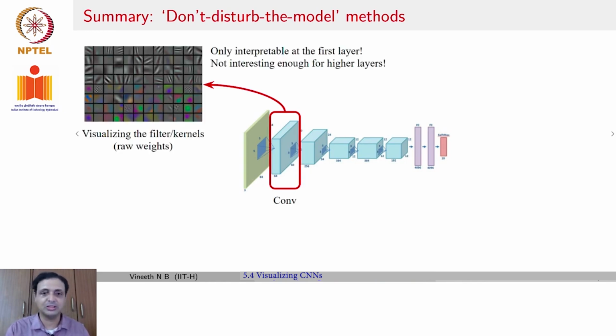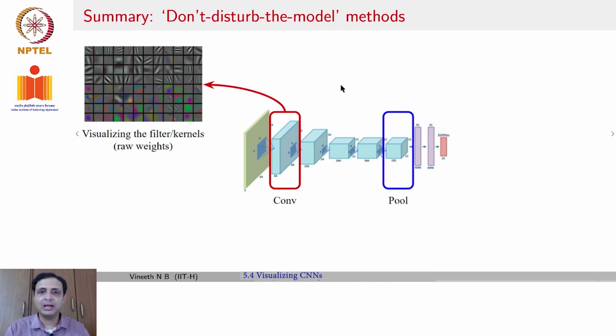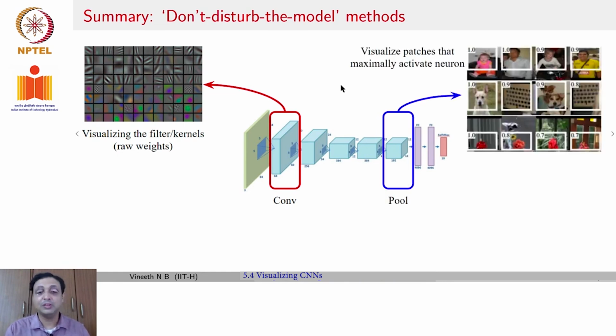That's one of the first methods we spoke about. Unfortunately, this is only interpretable at the first layer and may not be interesting enough at higher layers. We also talked about the Gabor-like filters here. You could also take any other neuron, for example in a pool layer, and visualize the patches that maximally activate that neuron. You can get some understanding of what the CNN is learning using this kind of approach.